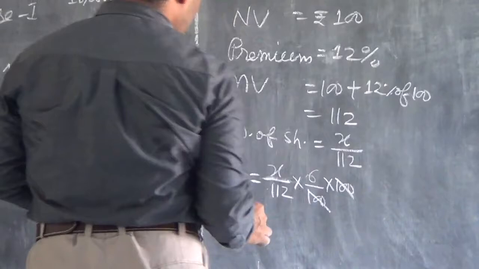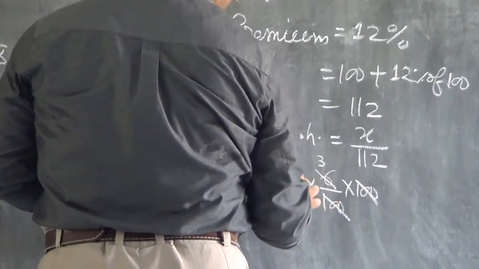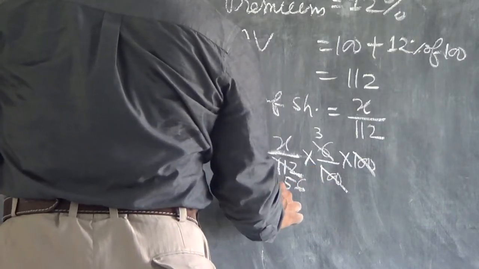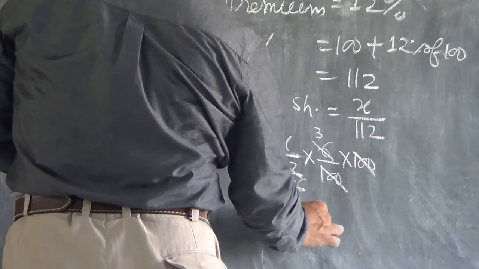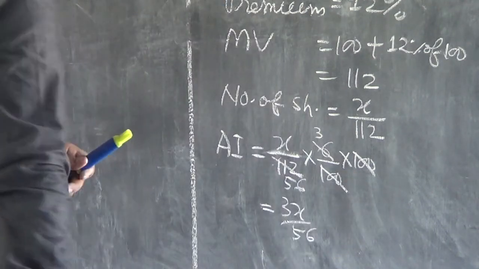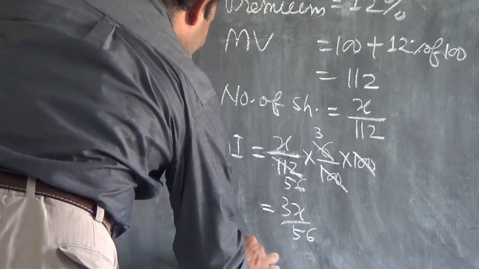This will not go, we can cancel it by 2. 2 3 are 6 and 2 56. That will give the answer 3x by 56.